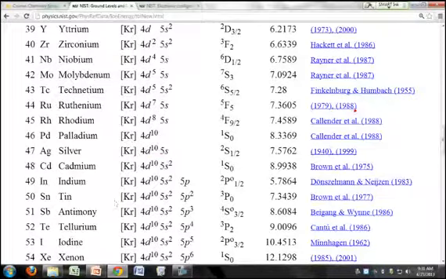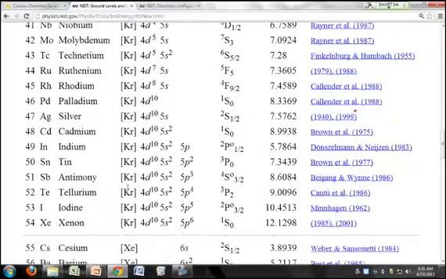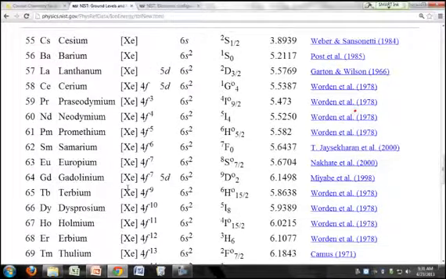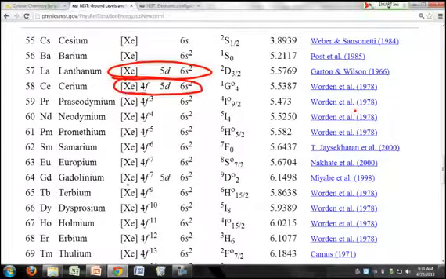You'll see even more exceptions when you start filling in the F subshells. Once you get to your lanthanide series, here's an exception. You go with the 5D first before the 4F, but here you go with 4F first and then 5D. This should have been 4F1, but instead of 4F1, you have a 5D1.